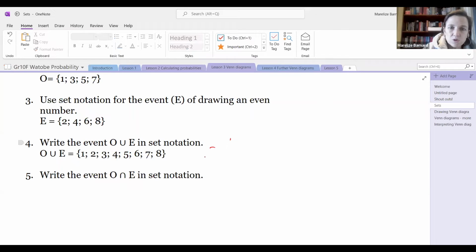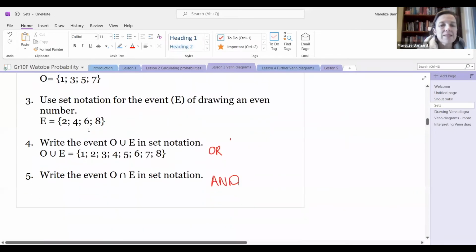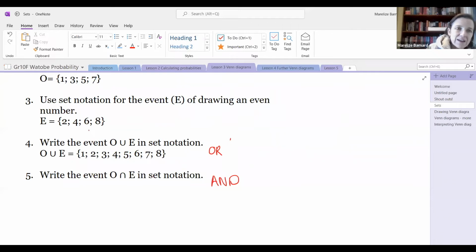So that was the word or. Now we're looking for the intersection. Nice, Latondre and Andiswa. O and E. So we are going to look for the two sets O and E where there's overlap. Is there overlap between the two? There is no intersection. Very nice.